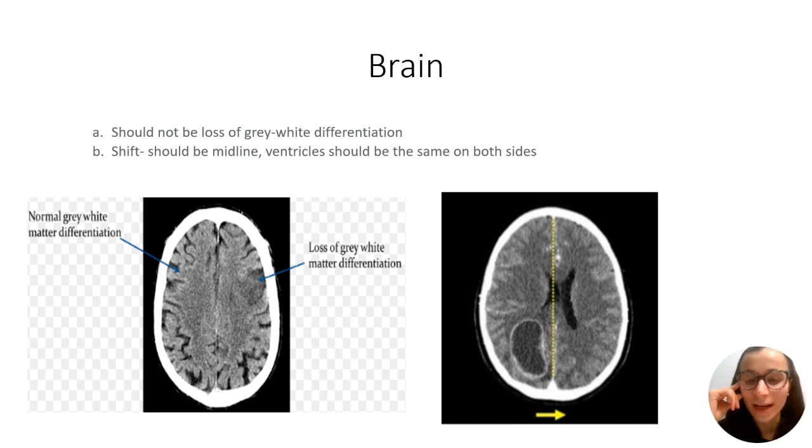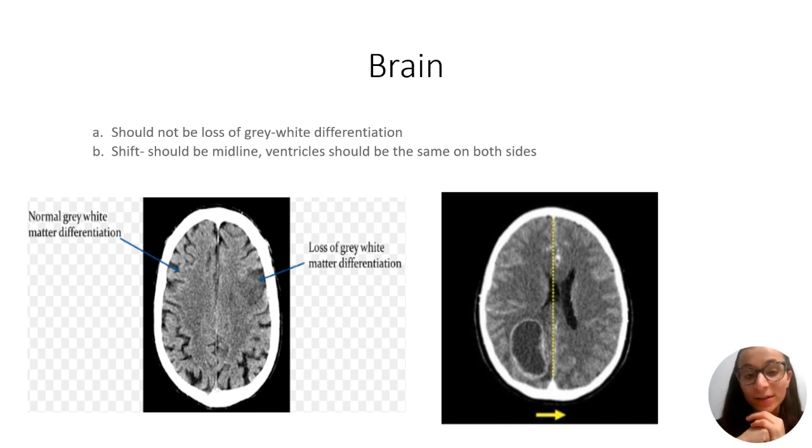Another thing you want to look at is the midline. You want to make sure that it is straight and not pushed to one side. Remember that the brain is closed, there's only so much space in the brain. So if there's bleeding or a mass growing or something else, everything is going to be shifted to one side.